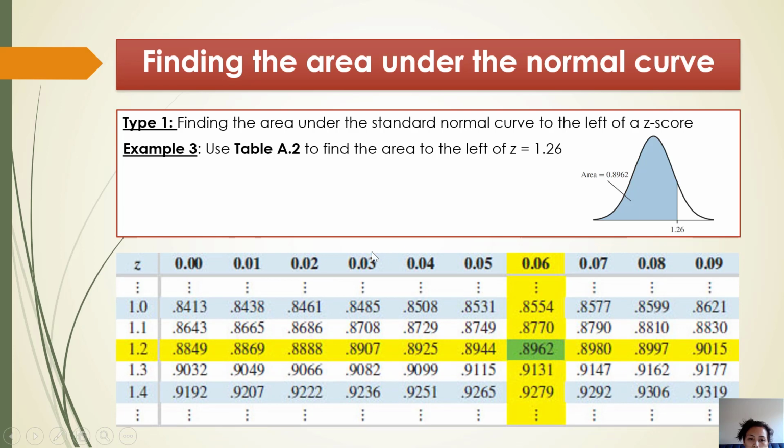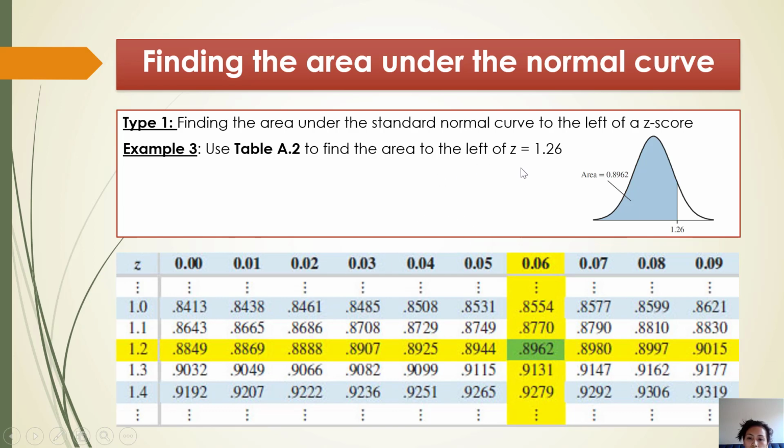And now I'm going to use table A2 to find the answer. This table gives you the area to the left of z-scores.